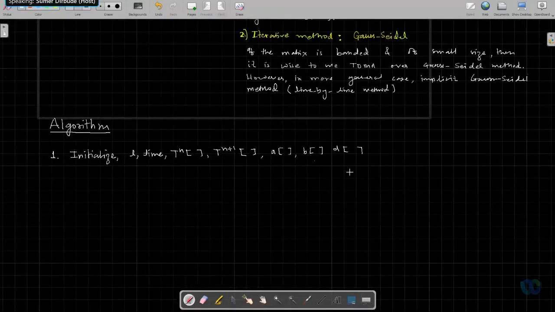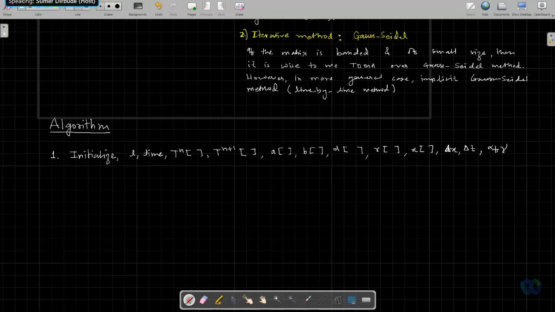Similarly, you will need an array for your right-hand side terms. For the solution variable, you will need T only. You might need dx, that is delta x, delta t, alpha, gamma.